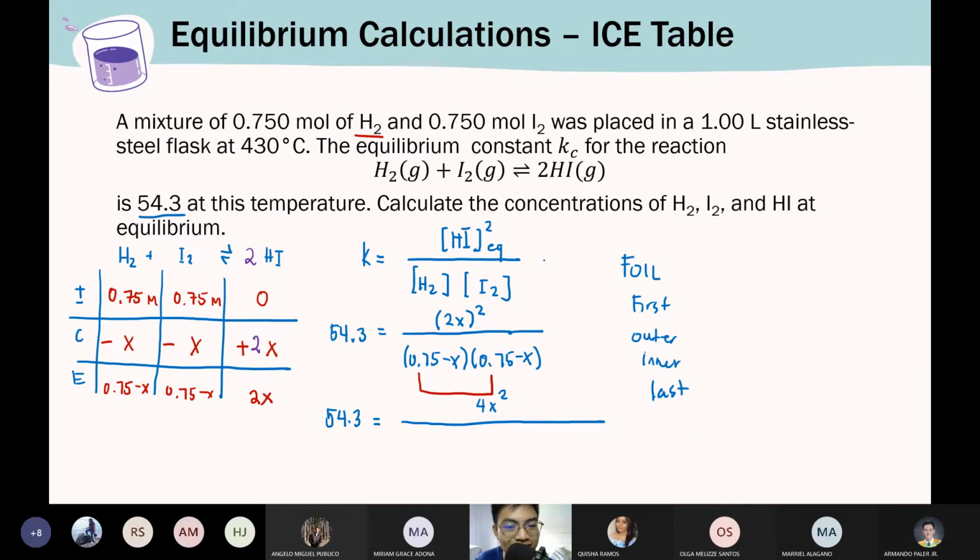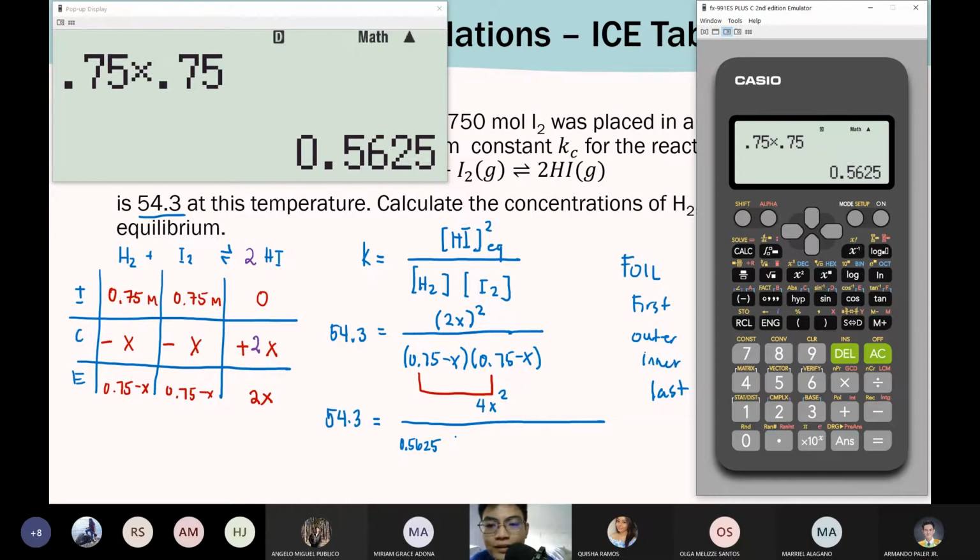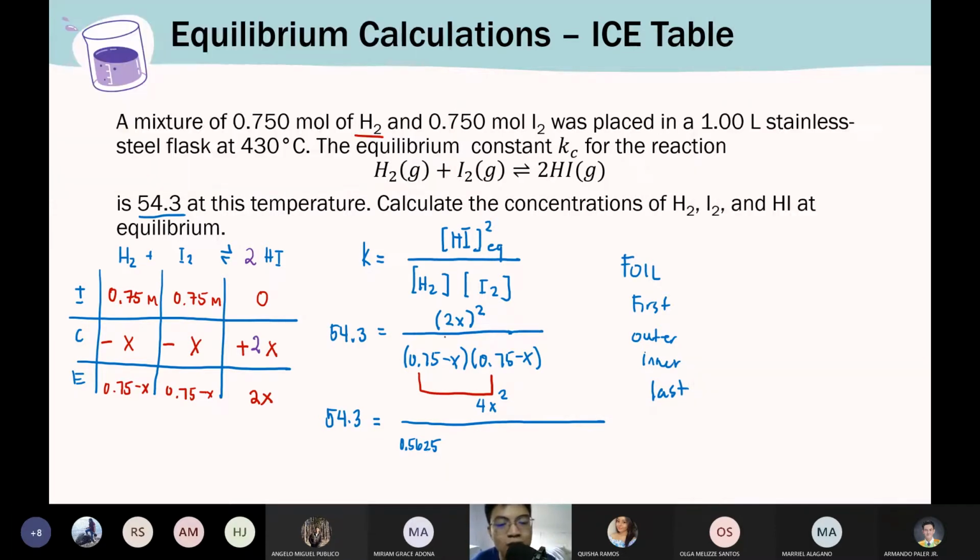Ayun. 0.5625. Yan yung first. Then outer.